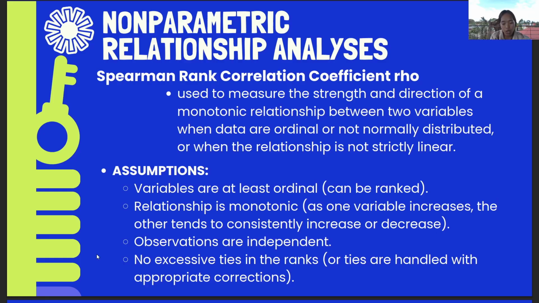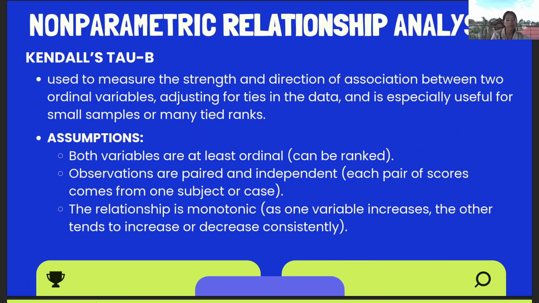Relationship is monotonic. As one variable increases, the other tends to consistently increase or decrease. The third one is observations are independent. And the last one is no excessive ties in the ranks, or ties are handled with appropriate corrections.